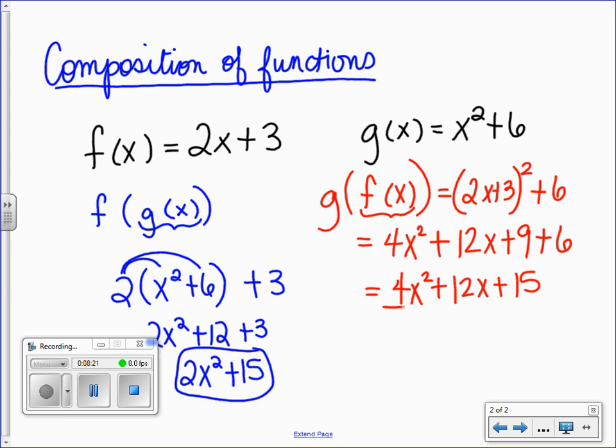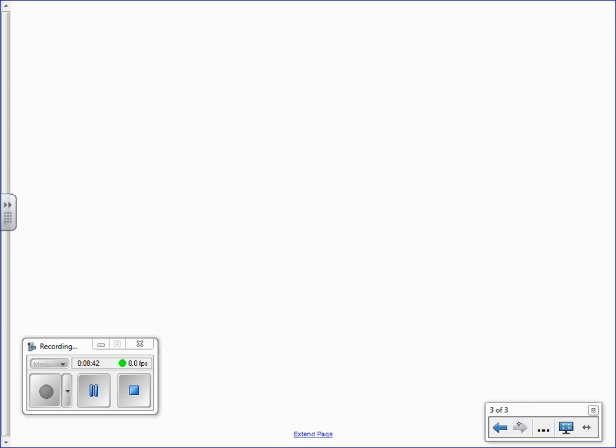Composition of functions, order is very important. If you accidentally put the wrong one inside of the other one, then you're going to end up being wrong. Okay? So I'm going to give you a pretty easy one to practice on.